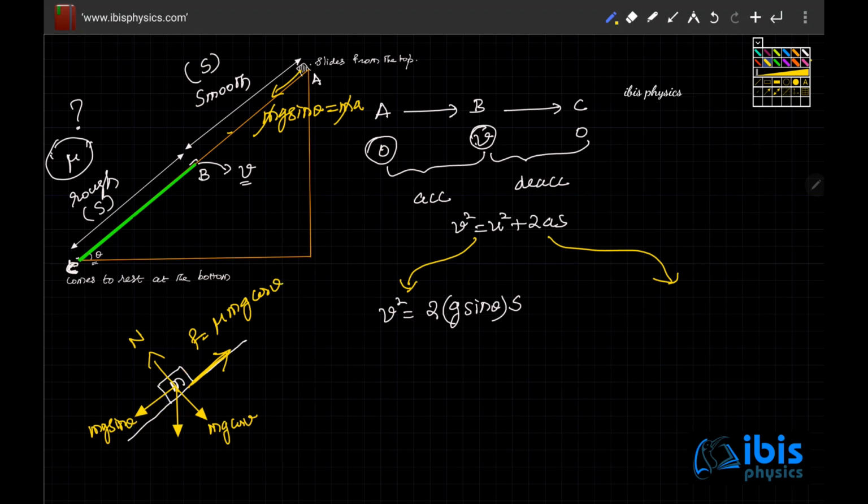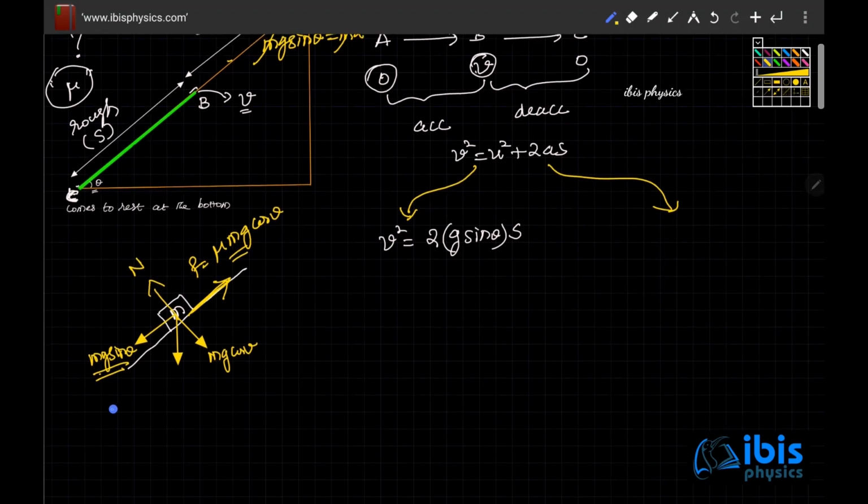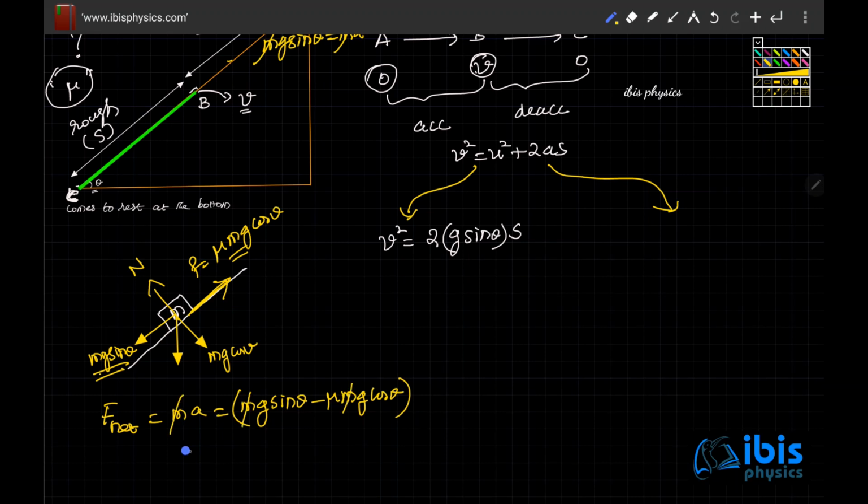Then the net force downward, like in the last problem, is mg sin theta minus mu mg cos theta. So net force equals mass into acceleration, which is mg sin theta minus mu mg cos theta. Which term is greater, don't worry about it, the problem will tell. So a equals g sin theta minus mu g cos theta.